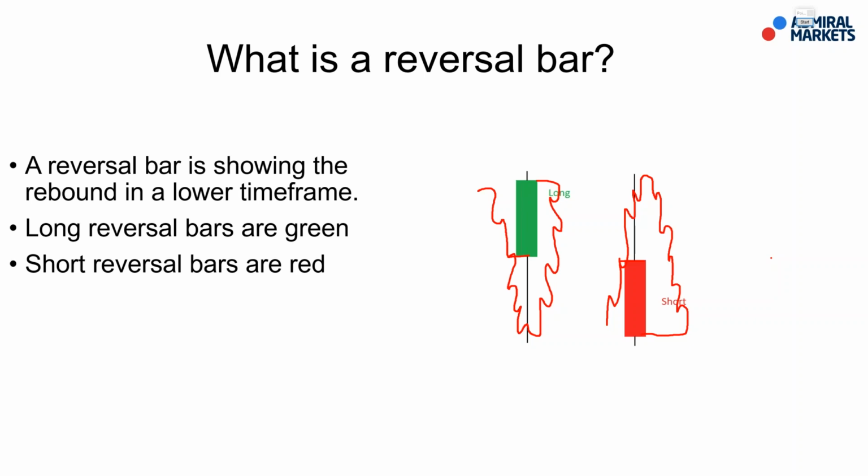One of my clients used that, and they all have really great results. Especially long reversal bars have a green body, and short reversal bars have a red body. This is what I mean when I talk about the reversal bar in general.